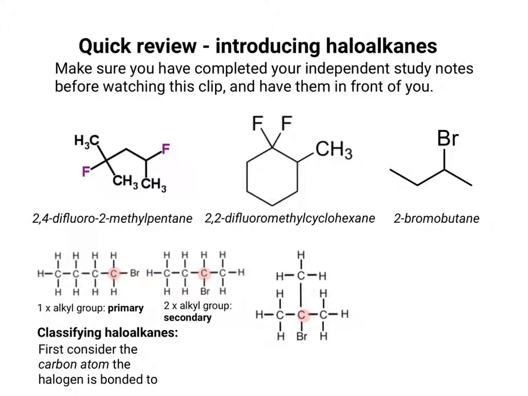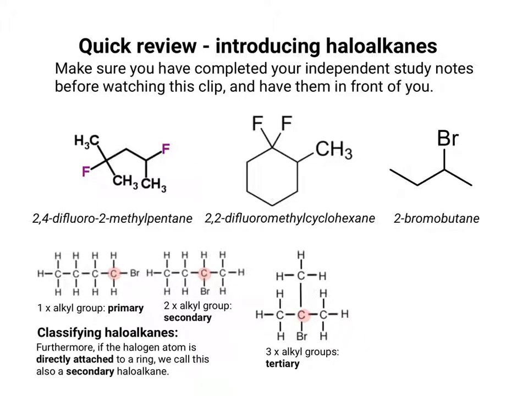If you have two alkyl groups, it's then called a secondary haloalkane. And likewise, if you have three alkyl groups attached, it's called a tertiary haloalkane. And if the halogen atom is directly attached to a ring, we then call this a secondary haloalkane as well.